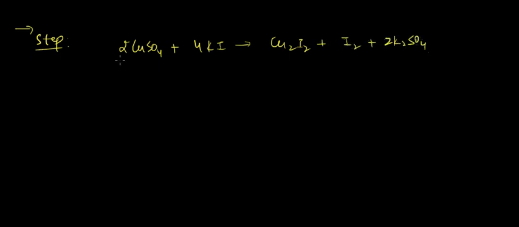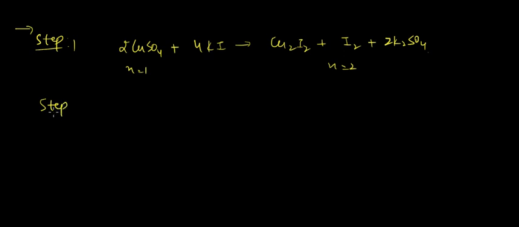Step 1 was 2 moles of CuSO4 plus 4 moles of KI produces Cu2I2 plus I2 plus 2 moles of K2SO4. The n factor here is 1 and the n factor here is 2. This was step 1.